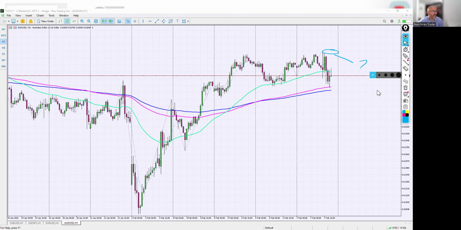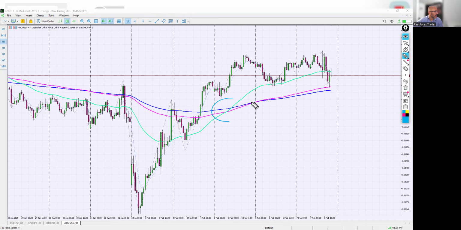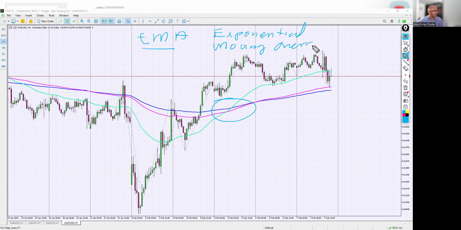Basically, the EMAs and the SMAs as well, all of these ones in here are exponential moving averages. This one is EMA 200. This one is EMA 144.